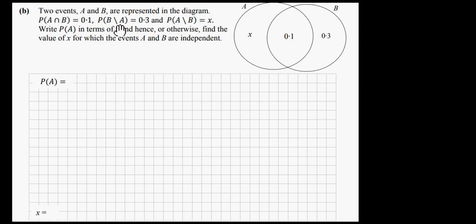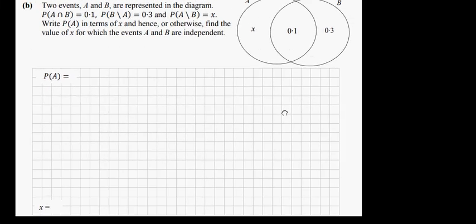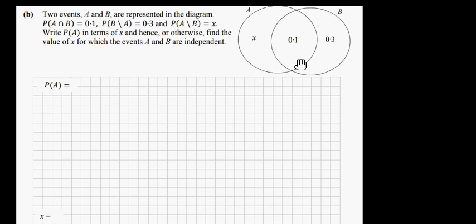The probability of B less A is 0.3. So everything in B would exclude A. So we've got to exclude this 0.1. So it's just 0.3 here. Now the probability of A less B is X. So this is A, take out B, and we're just left with X here.